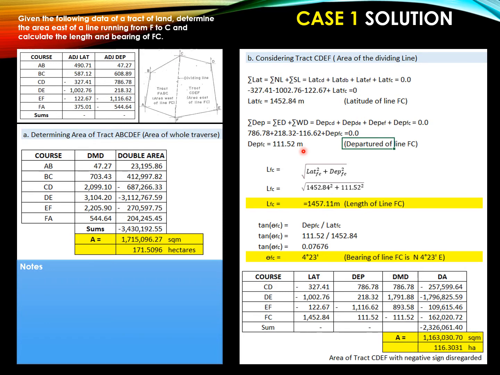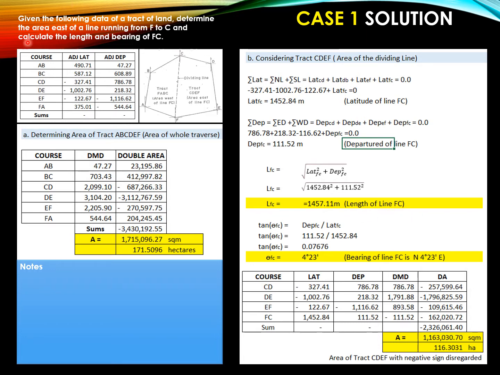So, to get the length of the line FC, we just need to use the formula that I discussed last semester. This one is the square root of latitude squared of line FC plus departure squared of line FC also. And then we got 1,457.11 meters. So that's the length of the line FC.